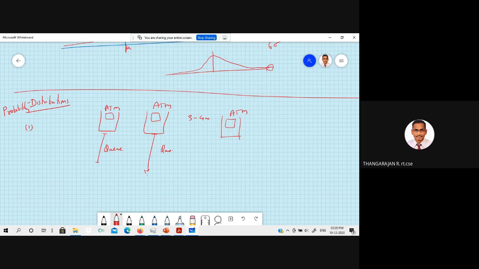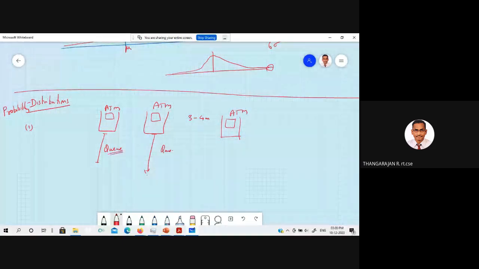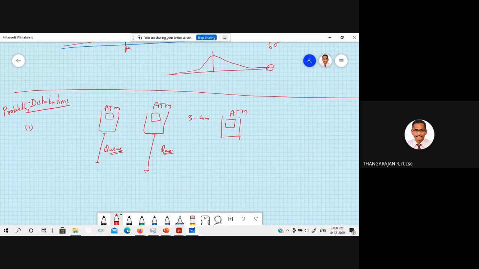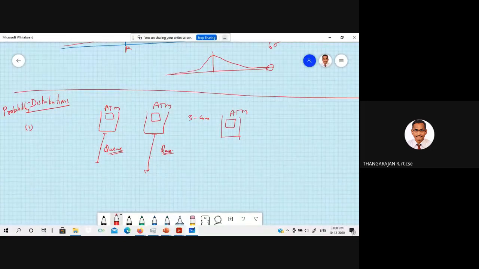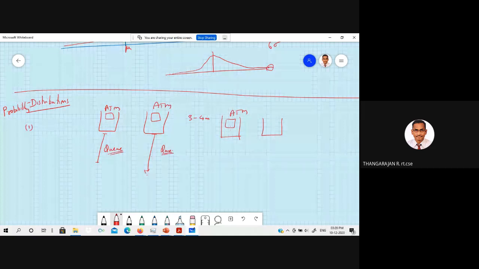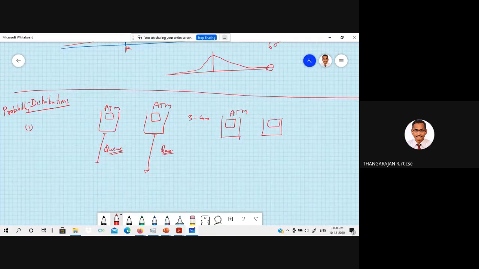Whether that investment will really shorten the queue length, that's the concern. Will adding one more ATM shorten the queue length, or do you have to add two? What is the optimal number of ATMs I should open? This is a decision the branch manager has to take.